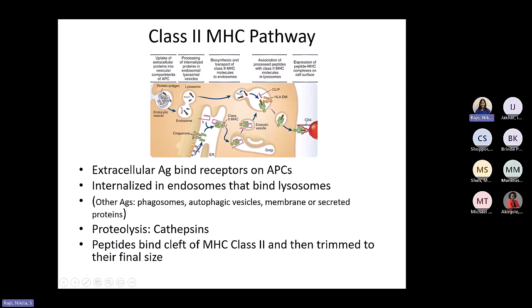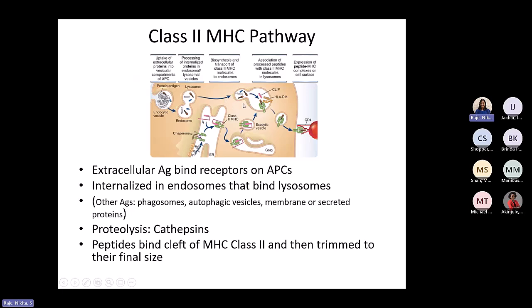Now, once it's completely synthesized, it's going to go into a vesicle, and that vesicle is going to interact with the endolysosome. During that process of transportation from the endoplasmic reticulum to the Golgi apparatus and inside the exocytic vesicle, that part of the invariant chain that helps with the transportation is cut up, and the rest of the part that binds to that cleft is left behind, called CLIP.